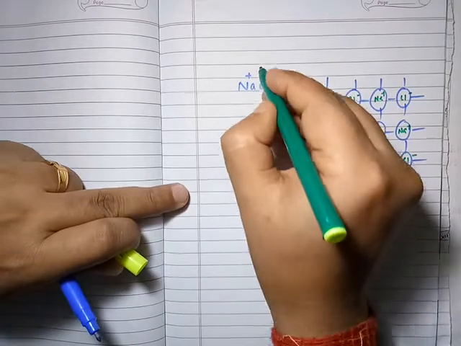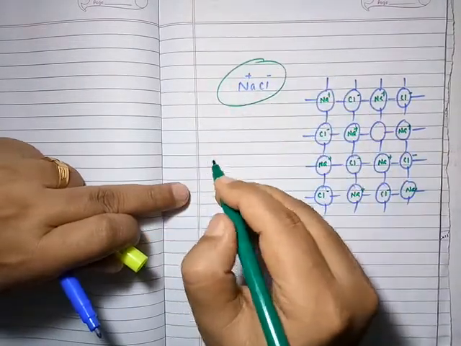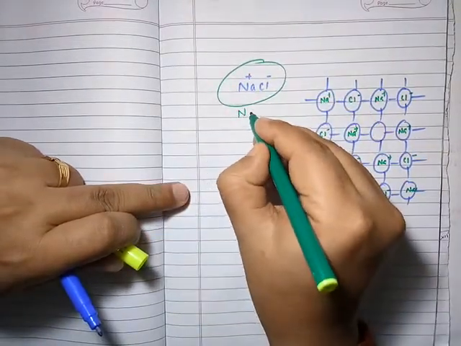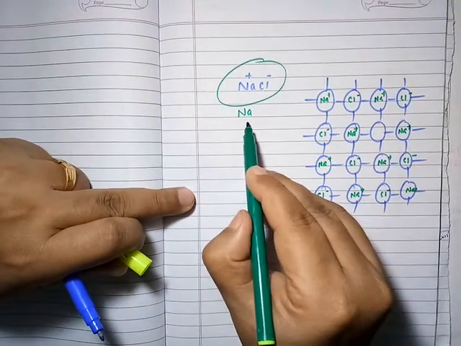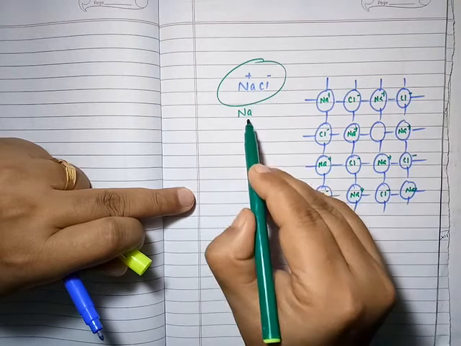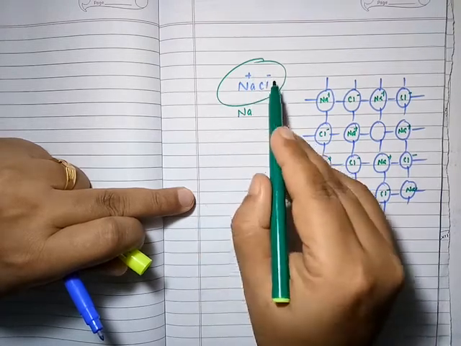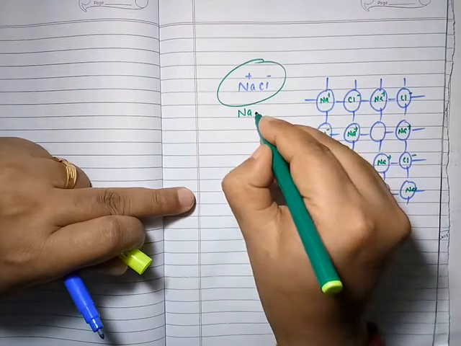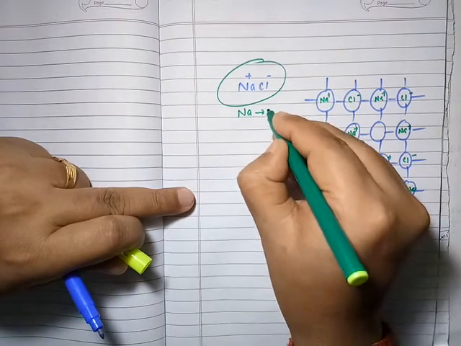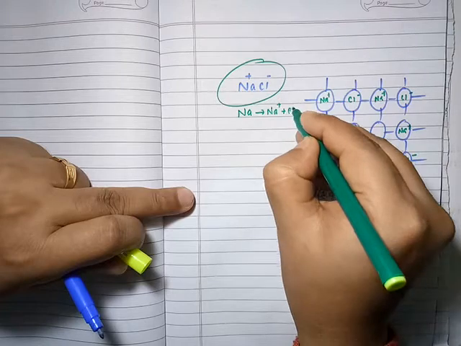Now what happens student, when we heat sodium chloride in its own vapor of sodium atom, when a metal halide is heated in its own metallic vapor? Ionization of this sodium atom takes place, Na plus plus 1 electron.